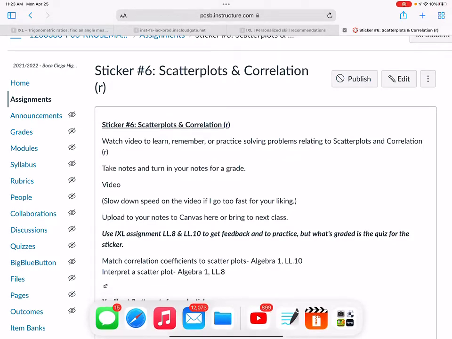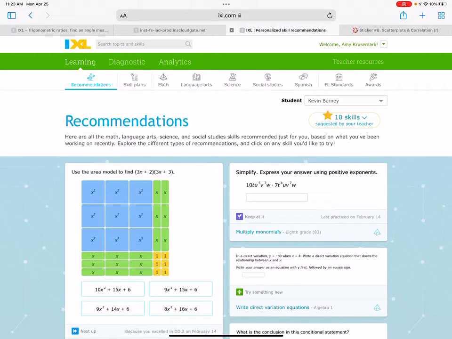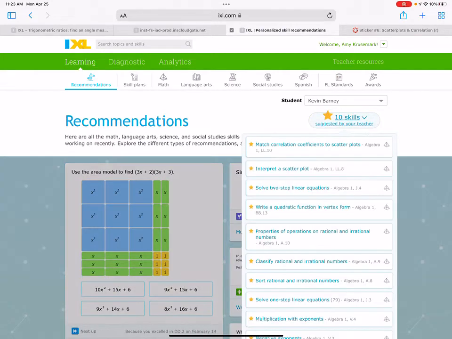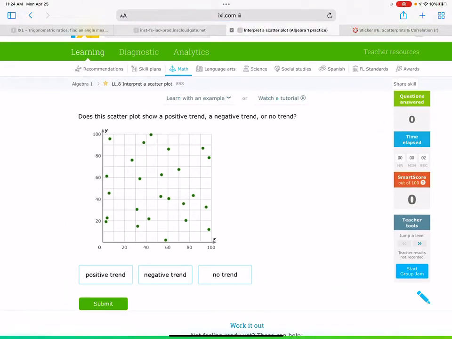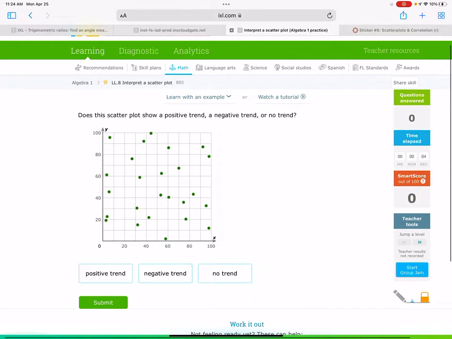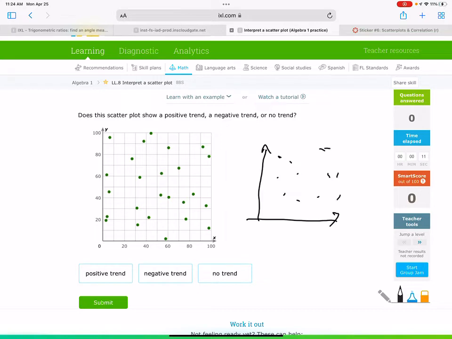Okay, so let's take a look at LL8 and LL10. So when we look at LL8, on your paper, you can just make a quick sketch here, right? I could say, okay, here's all my dots, and this looks like no trend, right?